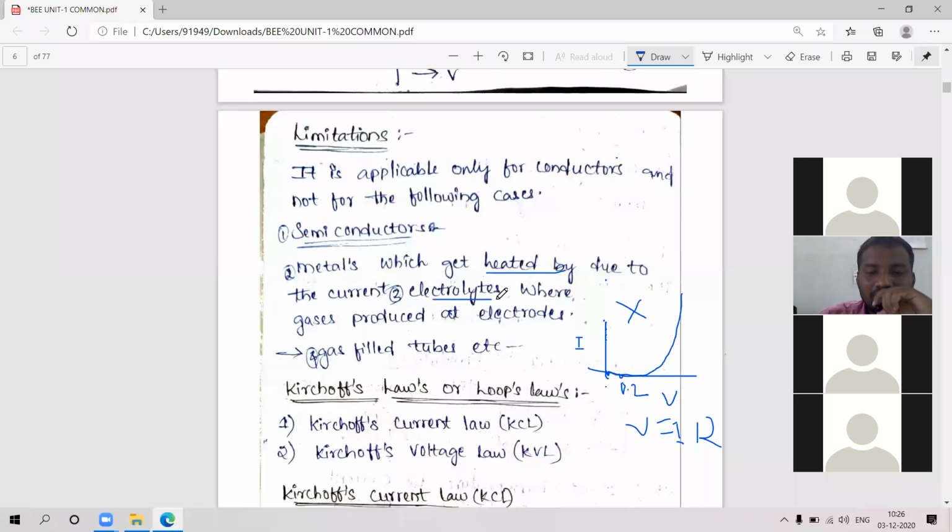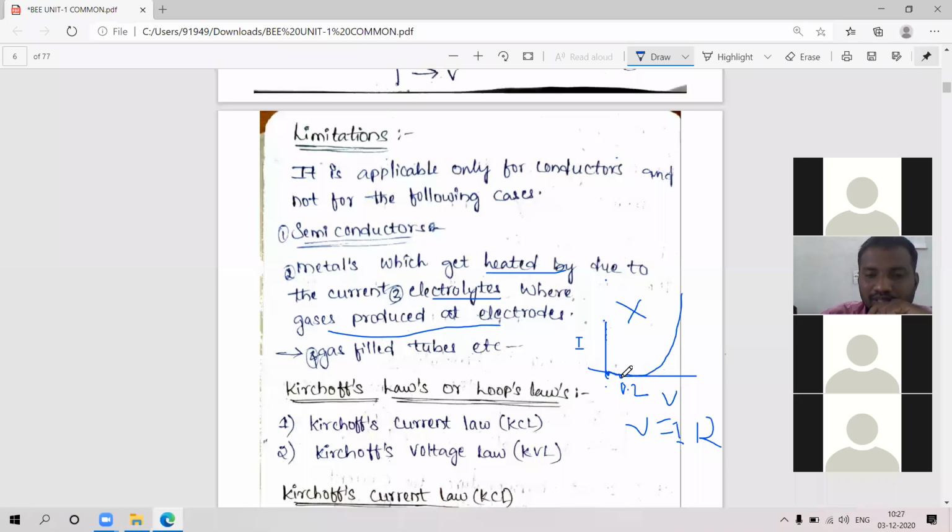And also electrolytes. What are electrolytes? When we take any solution, automatically enormous gases are released at the electrodes. Enormous gases released means automatically the temperature is changed. As the temperature changes, it is not applicable.